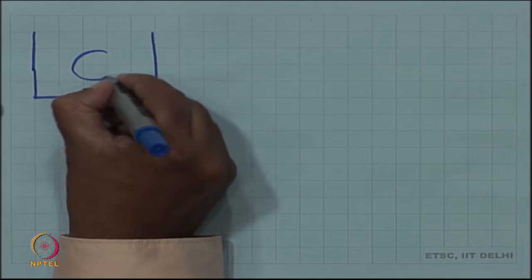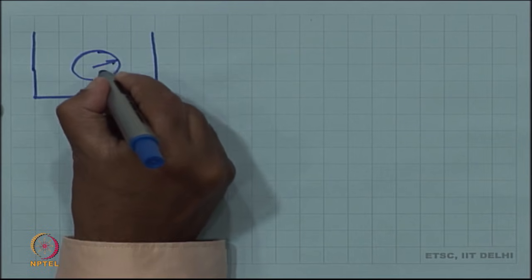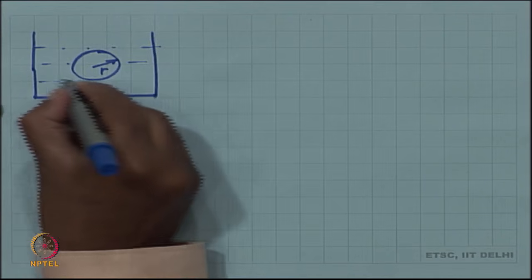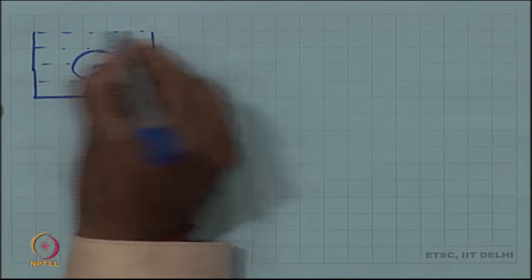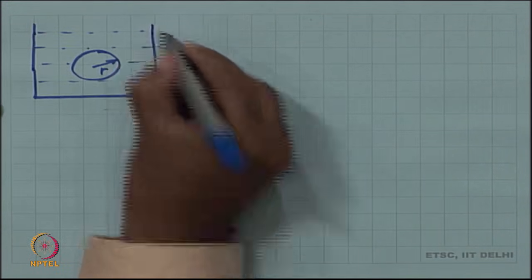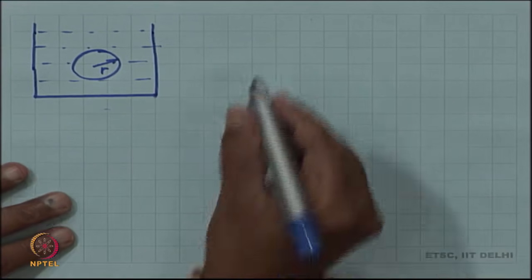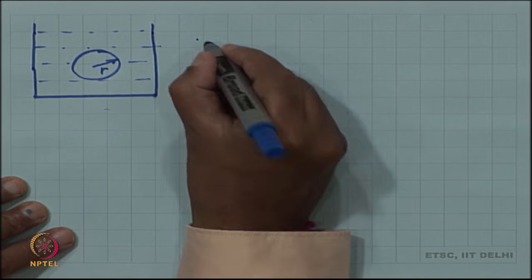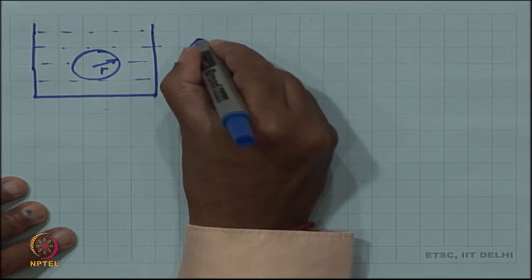We have this solid ball of radius r in our liquid, and we are trying to write the expression for free energy change.